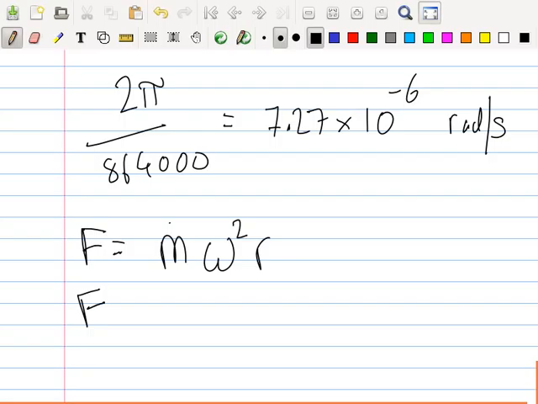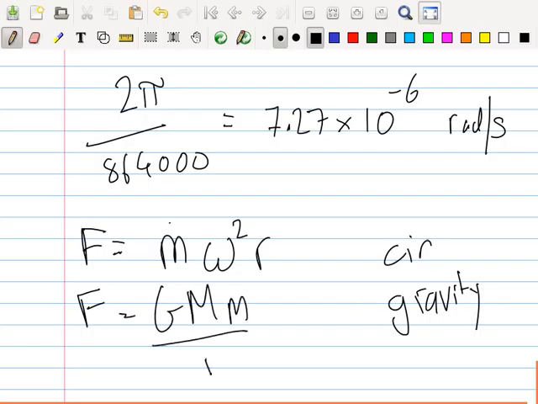It's circular, but it's also a gravity force. GMm over R squared. Okay. This one because it's traveling in a circle, this one because it's being pulled.